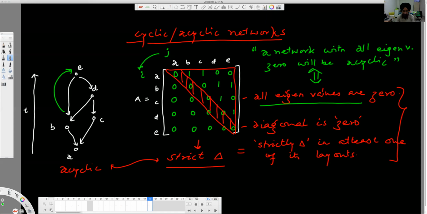Any other question? Whatever we have been learning for the last few classes, this matrix representation of networks and derivations, is present in Newman's book.